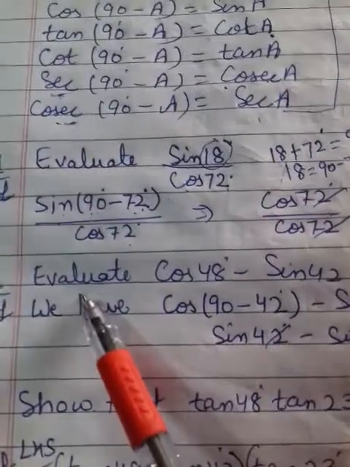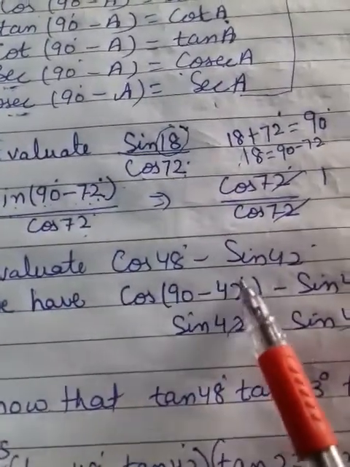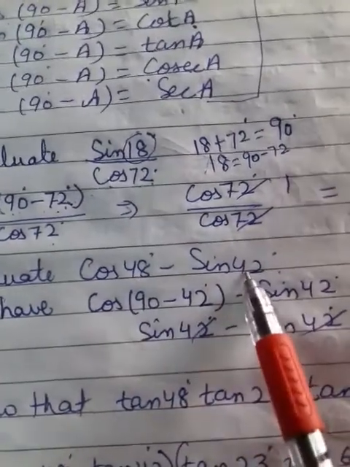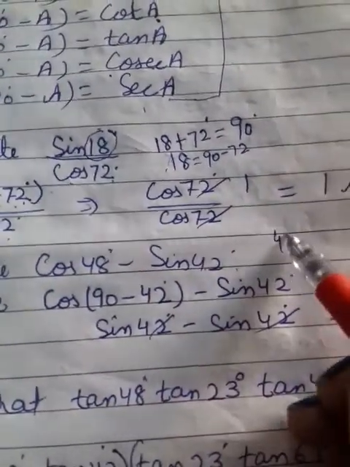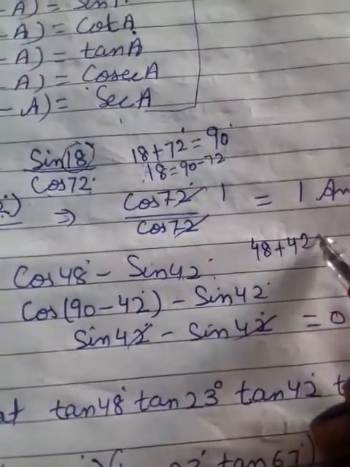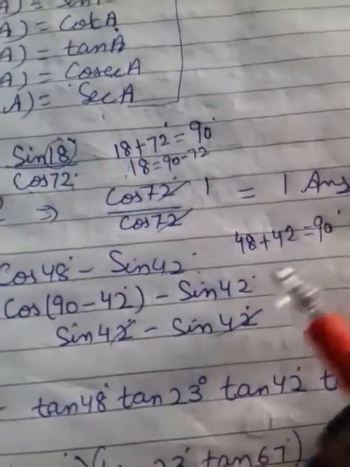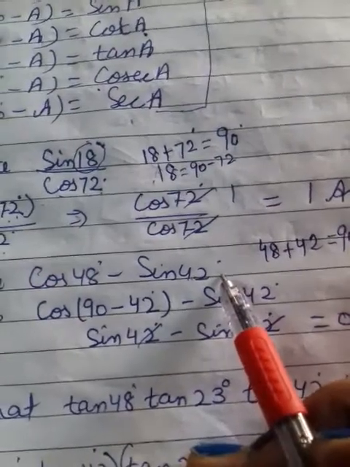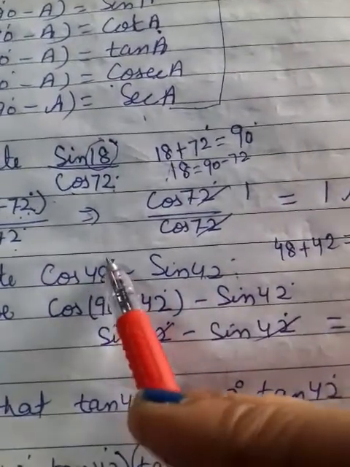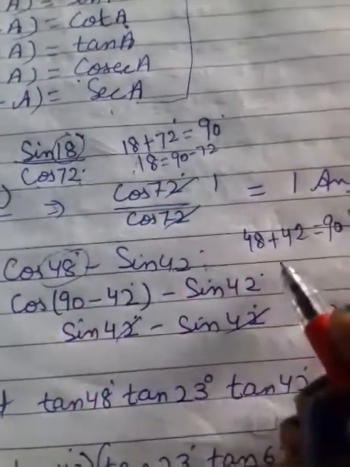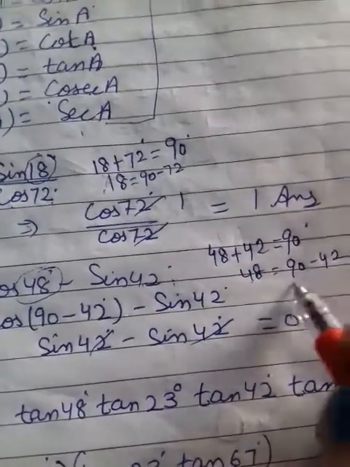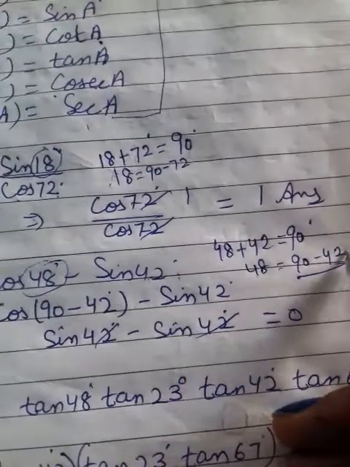Second question is evaluate cos 48 minus sin 42. In this question also you will see whenever we will add 48 and 42 you will get 90. So I can change one to make same with other. I have written 48 is equal to 90 minus 42. We can write here because plus will become negative.